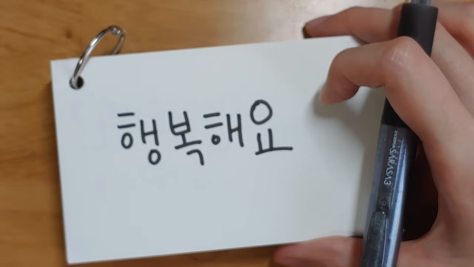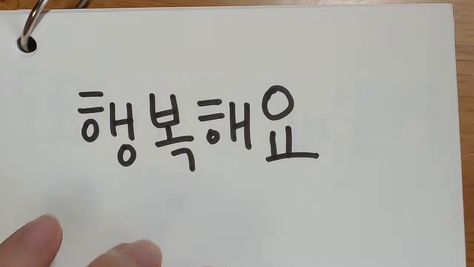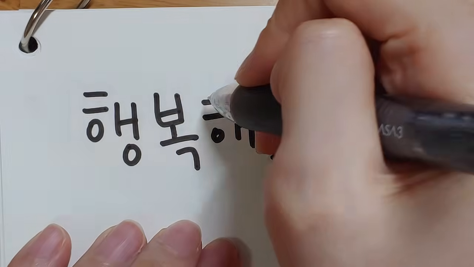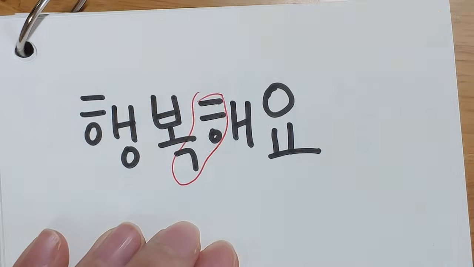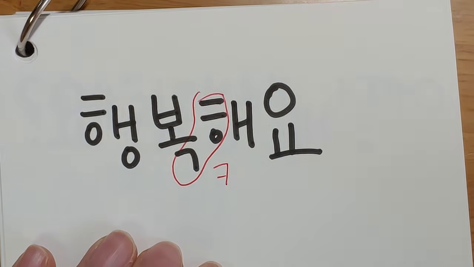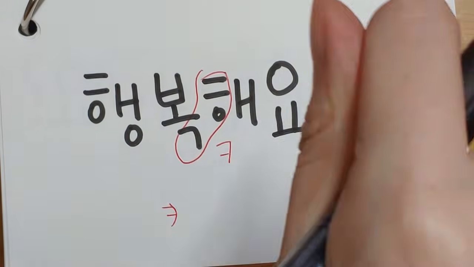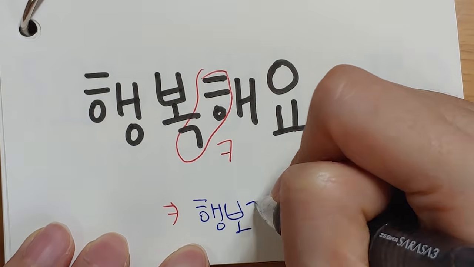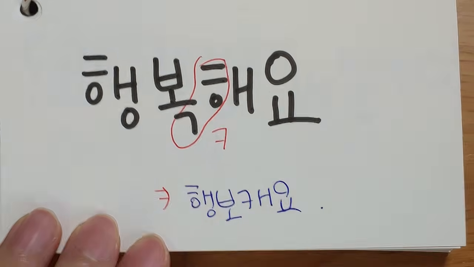So, one example is this word, 행복해요. It means I'm happy. And you guys notice that I pronounced this one as k. So, it's pronounced 행복해요. I'm happy.